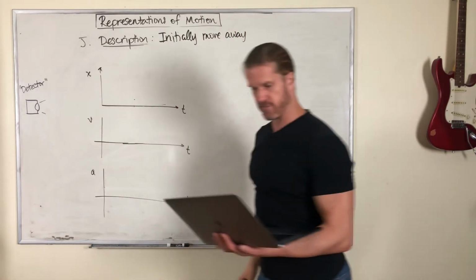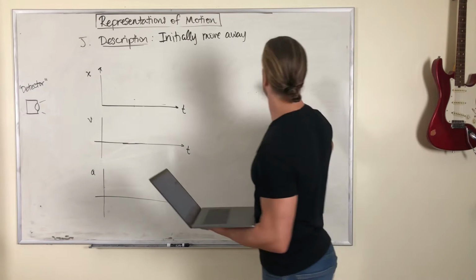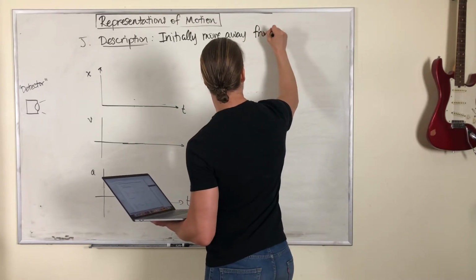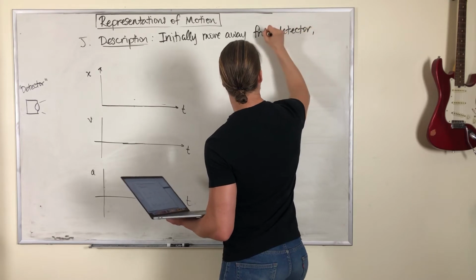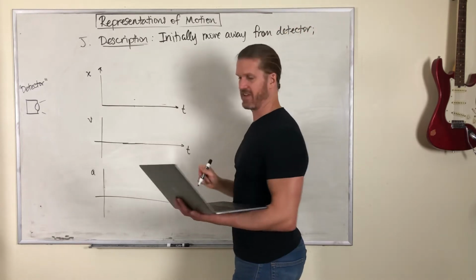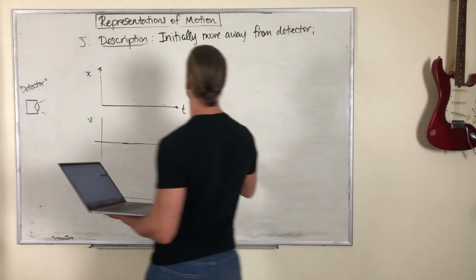It says initially move away from the detector, and maintain a constant negative acceleration.